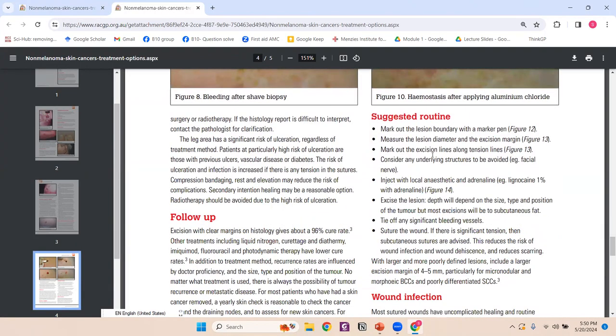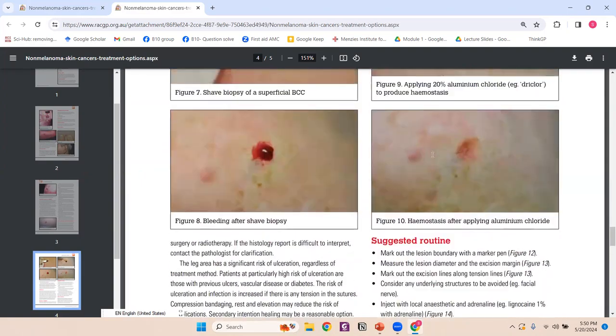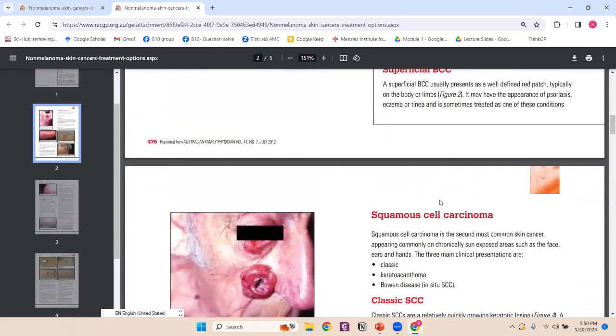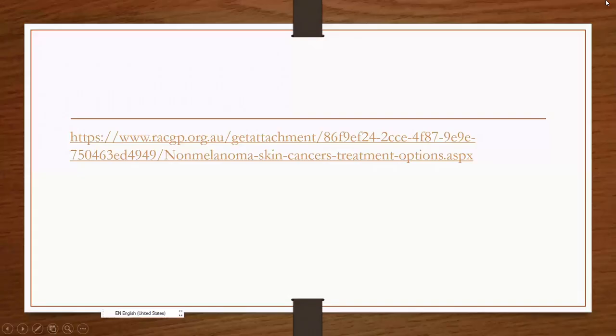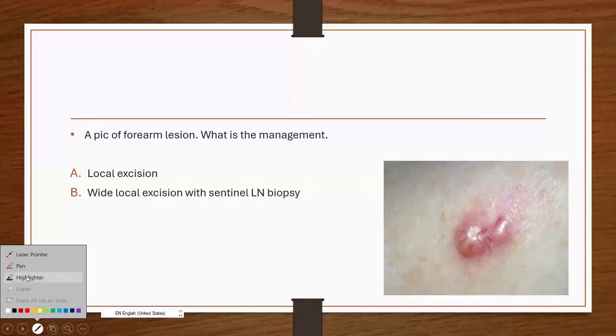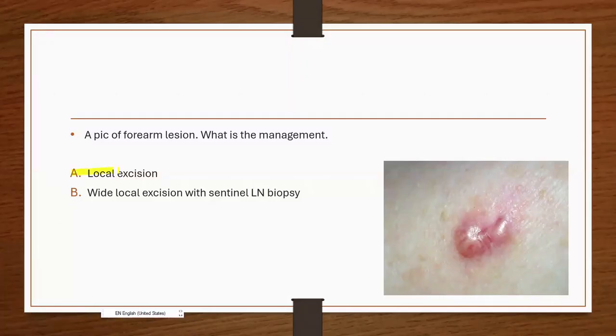Then you need a specific excision margin, which you have to go through leisurely because it will take a lot of time if I explain everything. So go through this. What I wanted to say in summary is your management would be a local or wide local excision. So the answer would be answer A, which is local excision.